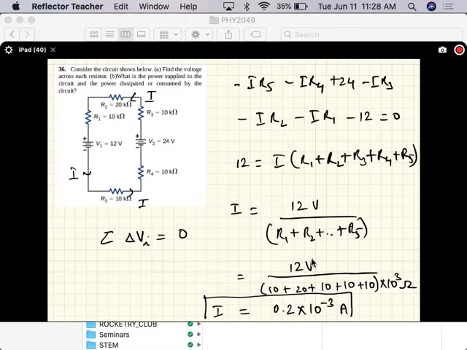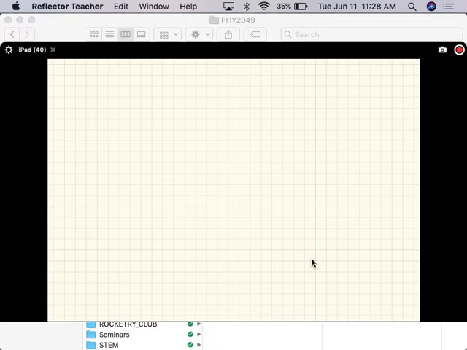What they're asking us is, what is the power supplied to the circuit? Oh, find the voltage across each resistor. Now the voltage across each resistor is just I times R. So the voltage across each resistor is I times Ri.